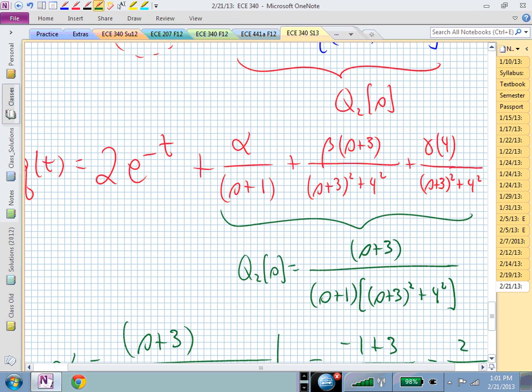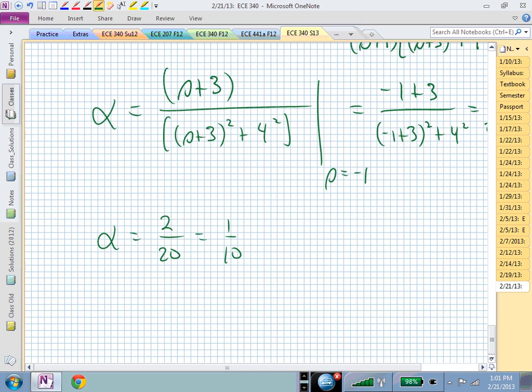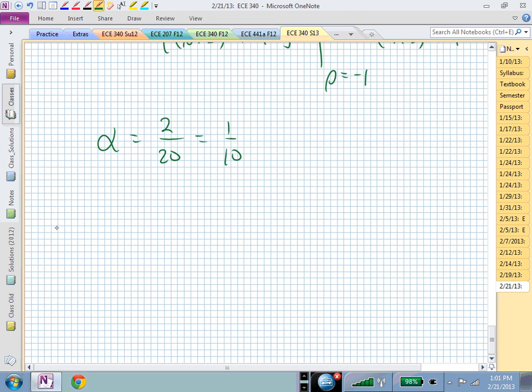Here's one approach that I kind of like, and I don't know if you've seen it before. Let's see. We want to find beta. What I'm going to do is multiply both sides, the left-hand side and the right-hand side, by s, the complex frequency variable.